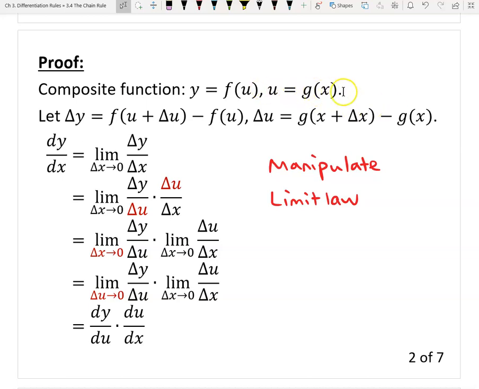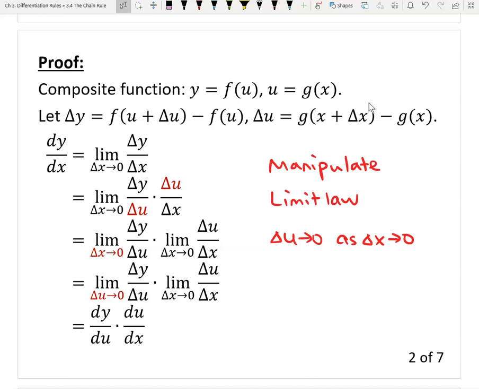u is g(x). Can you imagine, if delta u is the increment of u, and delta x approaches 0, of course delta u approaches 0. Because g is continuous. Why is g continuous? Because g is differentiable. Differentiable, therefore continuous. Let me write here what we need: delta u approaches 0 as delta x approaches 0. Why do we have this?